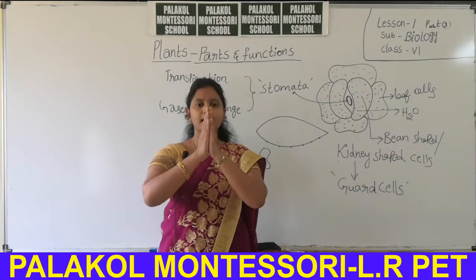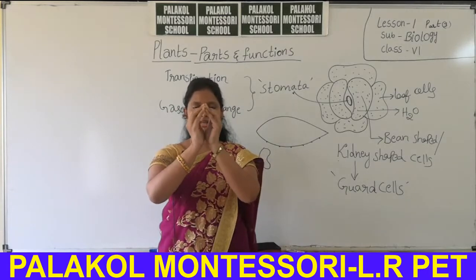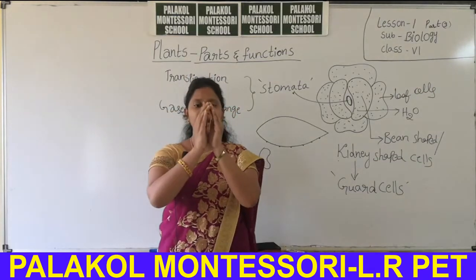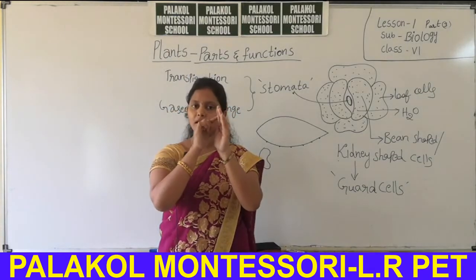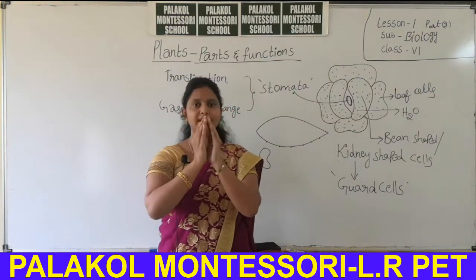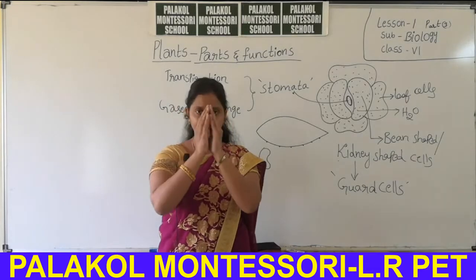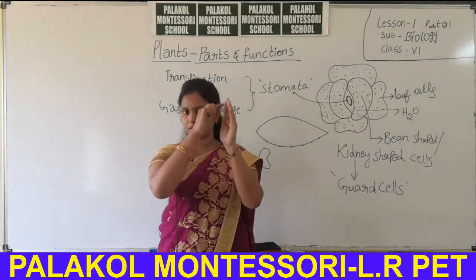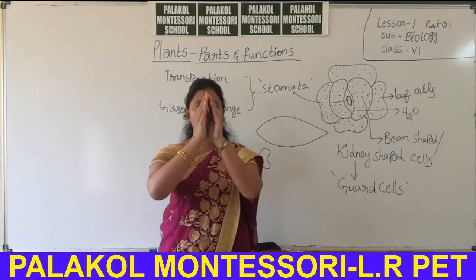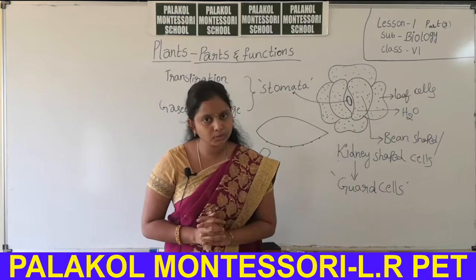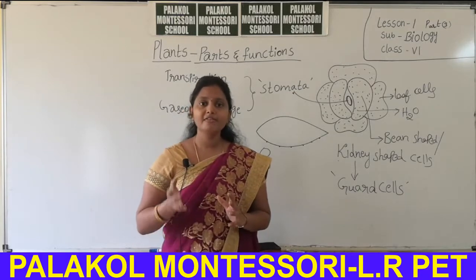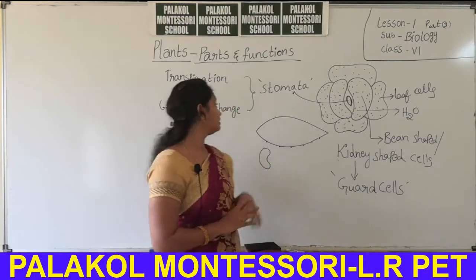Due to swelling of the guard cells, the stomatal opening is exposed to the atmosphere. Now the water present in the guard cell moves and escapes out into the atmosphere through the stomatal pore. The water escapes from the plant body through the stomatal opening. This removal of water from the plant body is called transpiration.